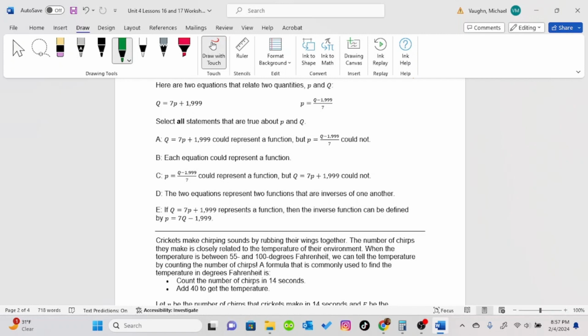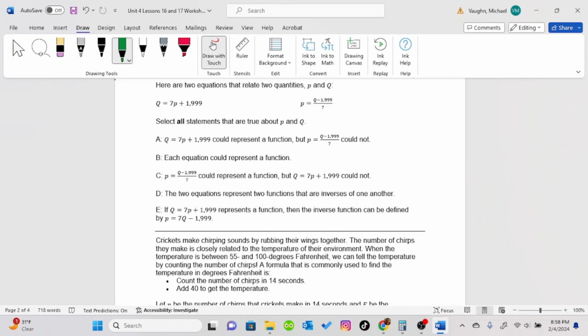If we look at P, there are no rules about what we could use as an input on the top of a fraction. We would always be dividing by 7 in the denominator, so this could also be a function.